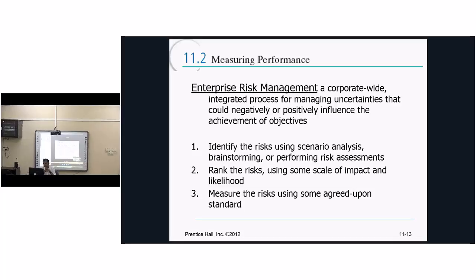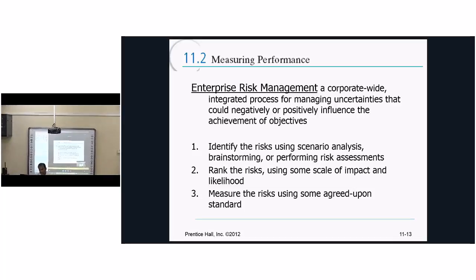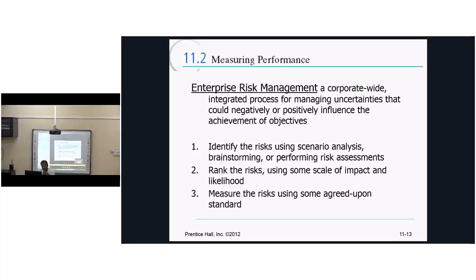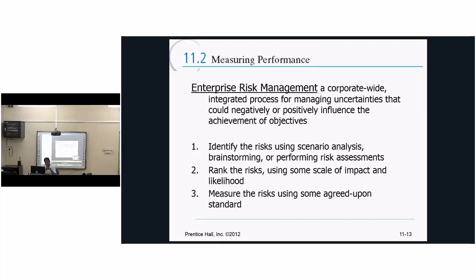Then you need to assess the likelihood of these particular risks happening. How likely is a particular risk to happen? Now, a burglary attack is highly likely, out of the 4 risks that I mentioned.